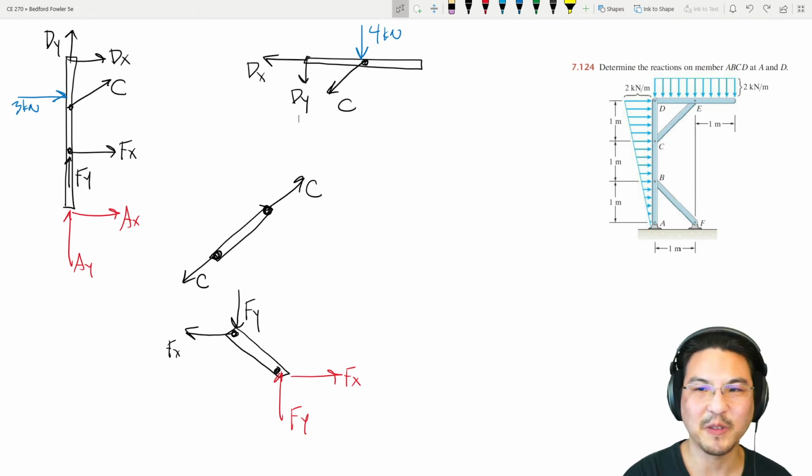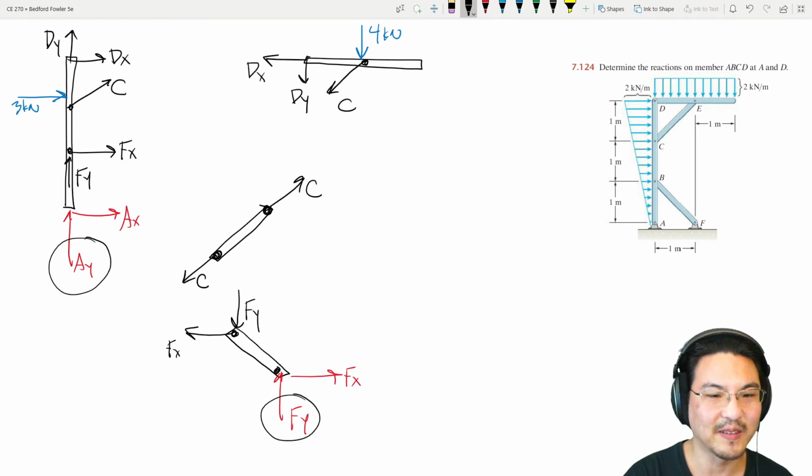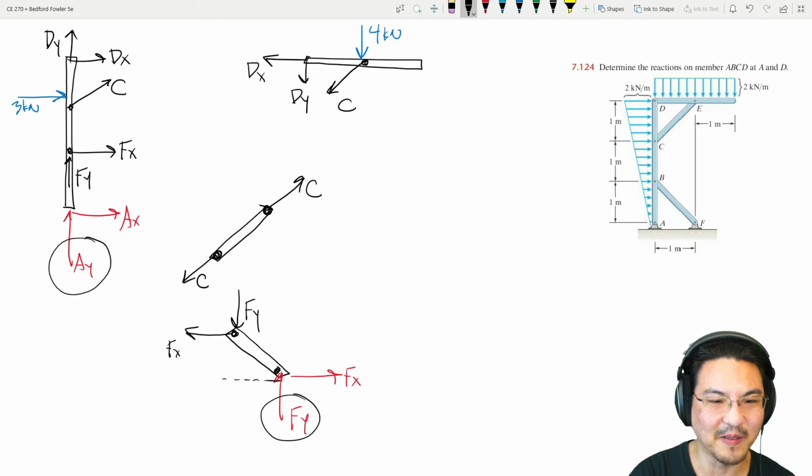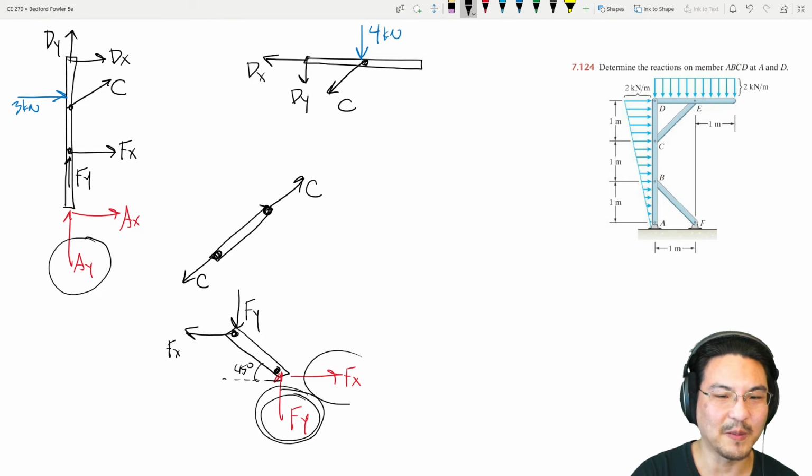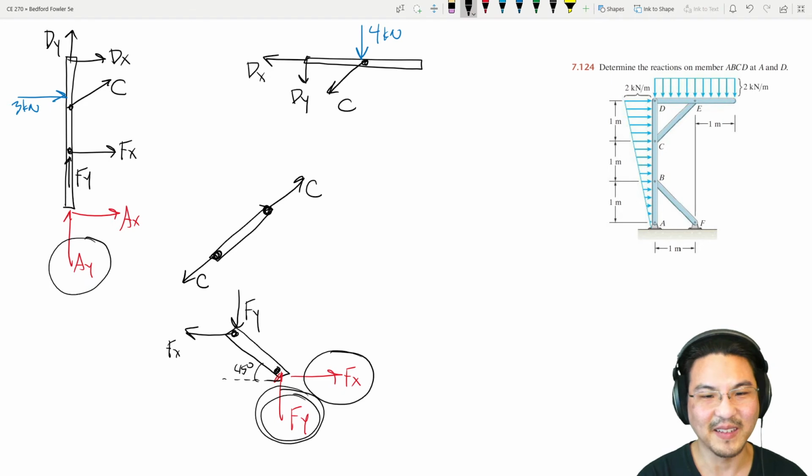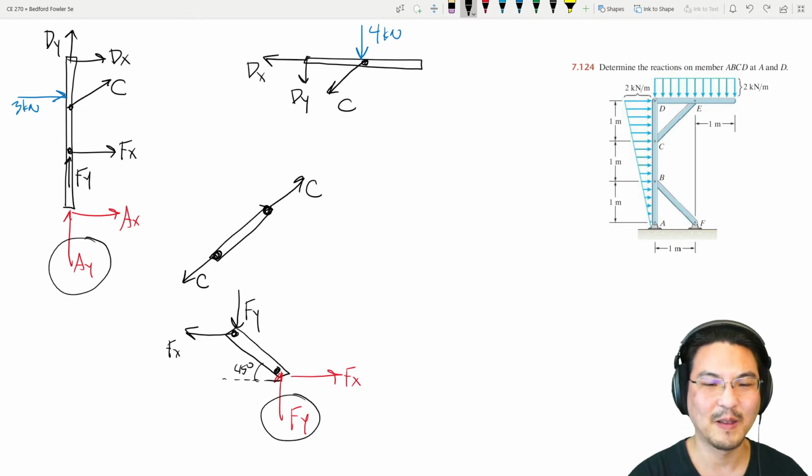Okay, so let me point something out: we already know this answer and this answer. And that's important because you see this bar, it's at 45 degrees, right? We know this angle right here is 45 degrees, which means these have got to be the same magnitude, and we actually can solve for that.